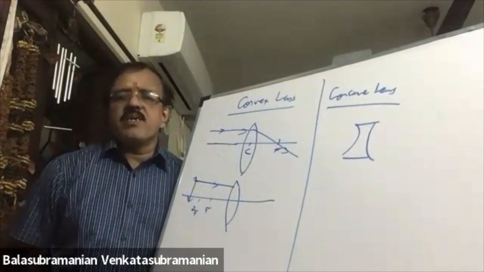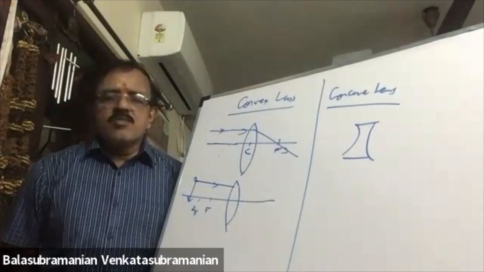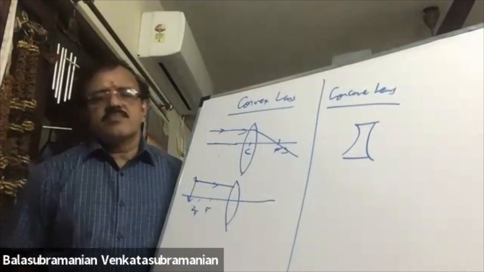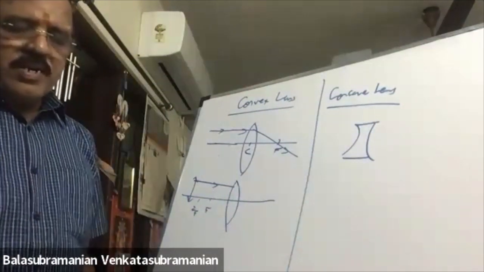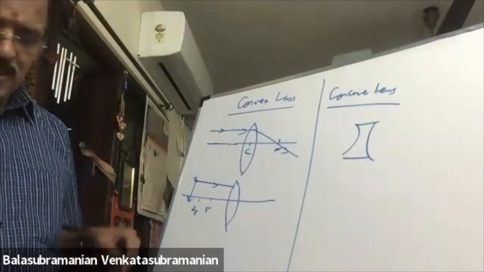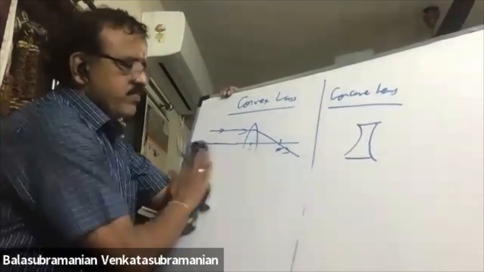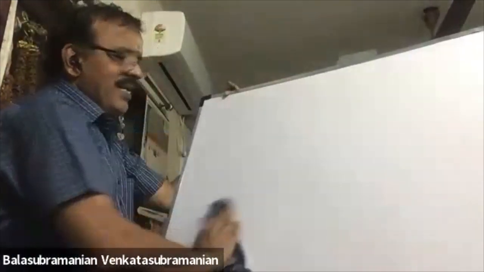Concave mirror property and convex lens property are almost the same. Correct? Good. Next important topic, here you are going to see the lens maker's formula and the lens formula.